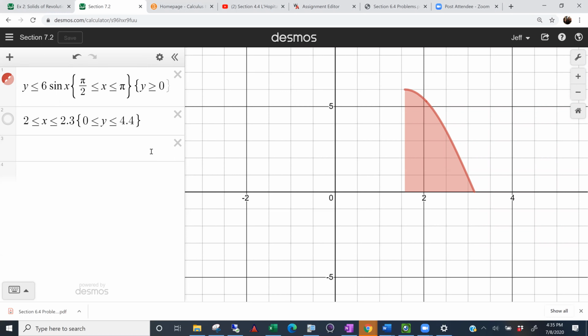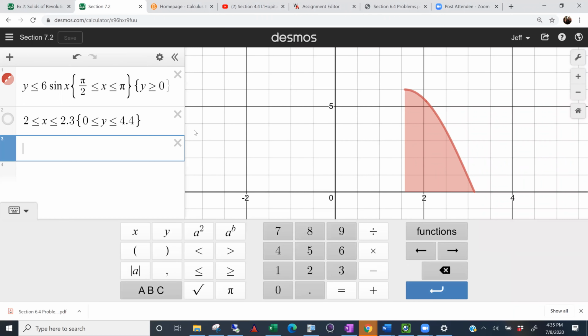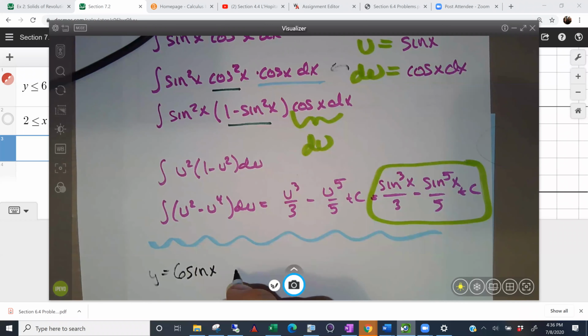We're going to rotate this around the x-axis. So the function that I'm working with is really an area bounded by y equals 6 sine of x, and that's also bounded by the x-axis, y equals 0.